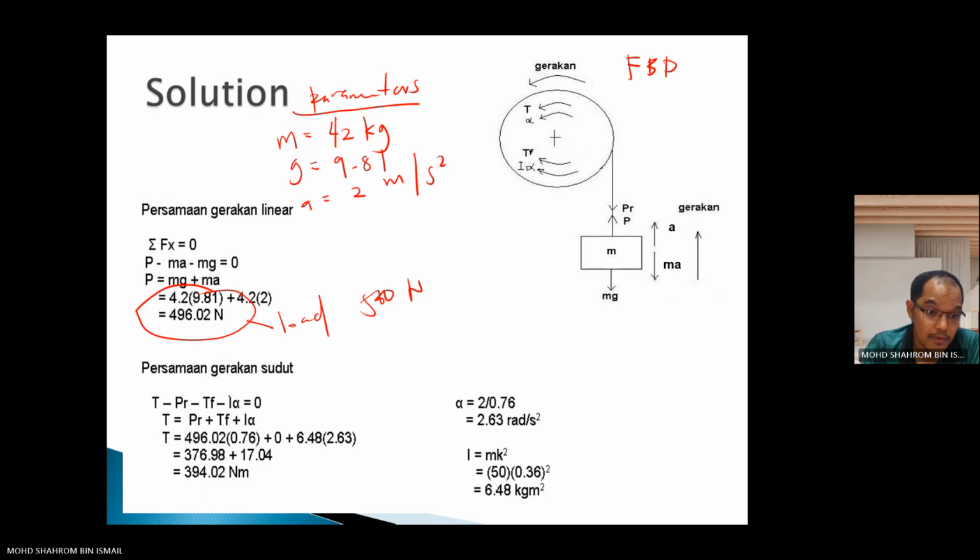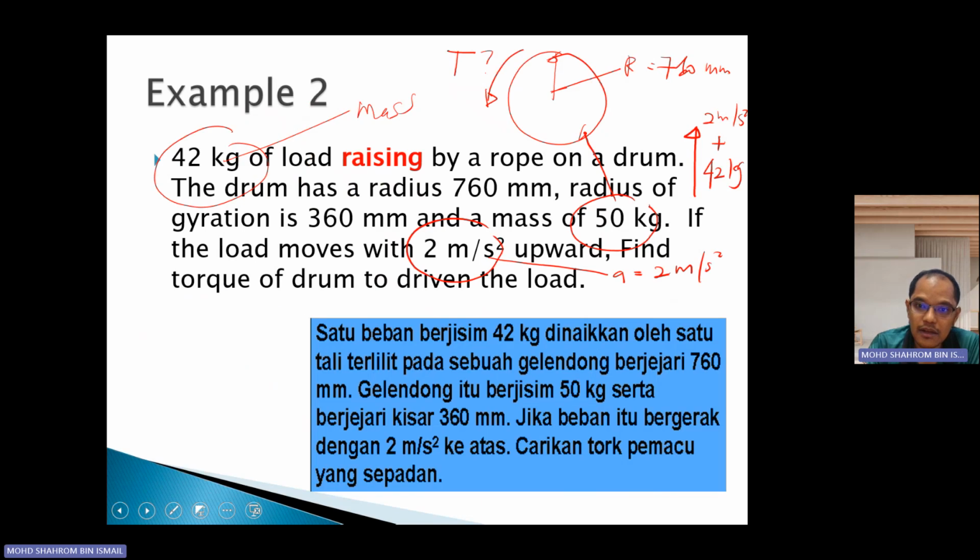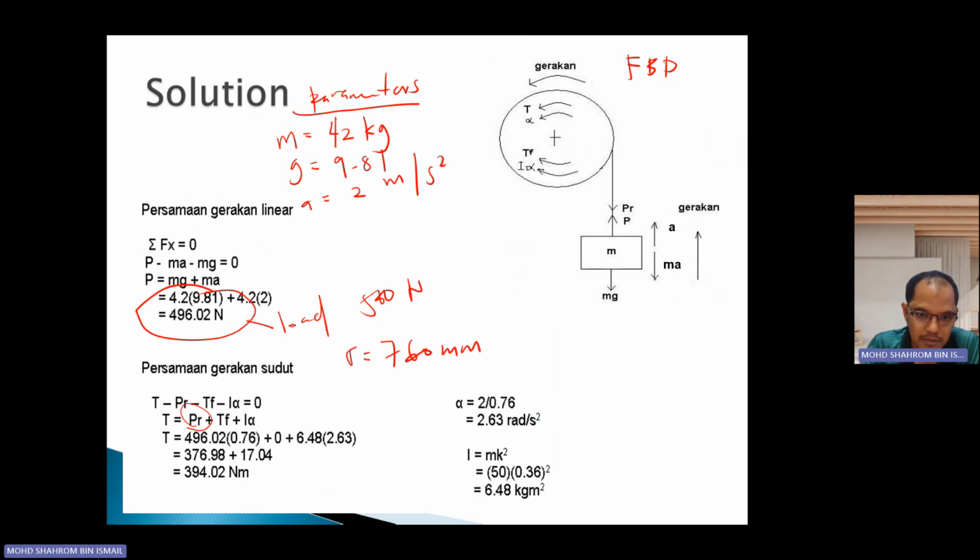Therefore PR, we know, PR is P. What is P? P is 496.02, and then you multiply with R. For this case, R is equivalent to 760 millimeter. Yeah, R is equivalent to 760 millimeter.